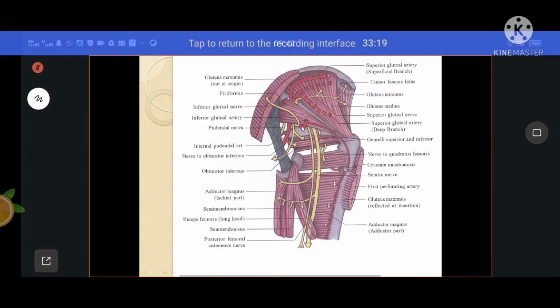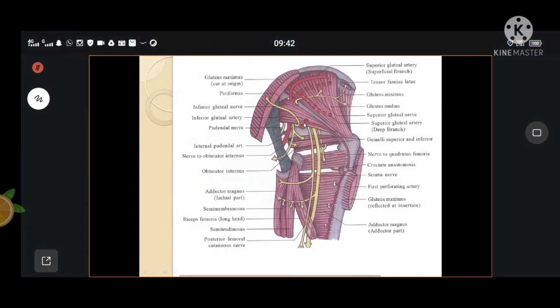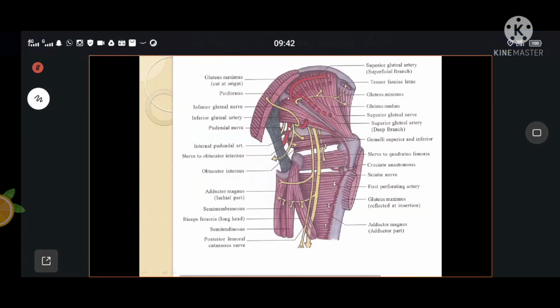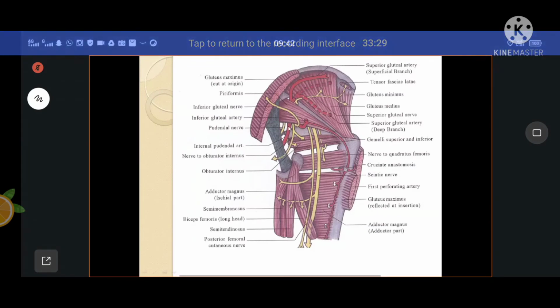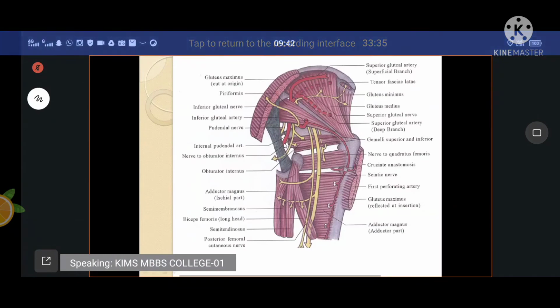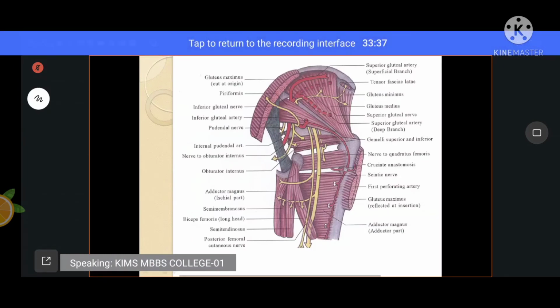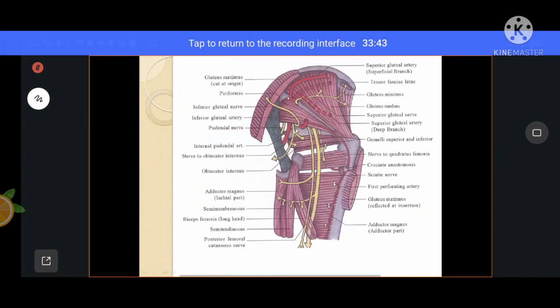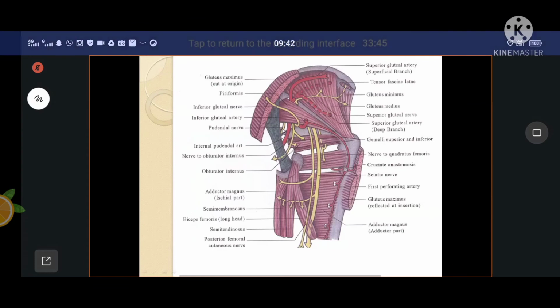Inferior gluteal artery. And you can see here there are three structures which are entering into the gluteal region through the greater sciatic foramen, and they are related to the dorsum of the ischial spine and again going back into the pelvis through the lesser sciatic foramen. What are these three structures? The mnemonic for the three structures is the PIN structures. What are the PIN structures?